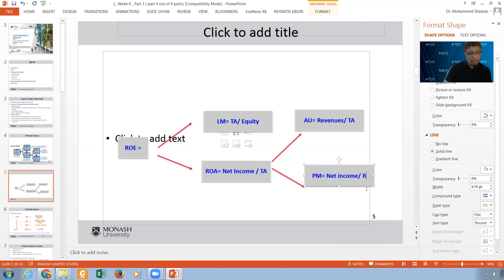So here actually I can decrease very important types of expenses to increase this part.